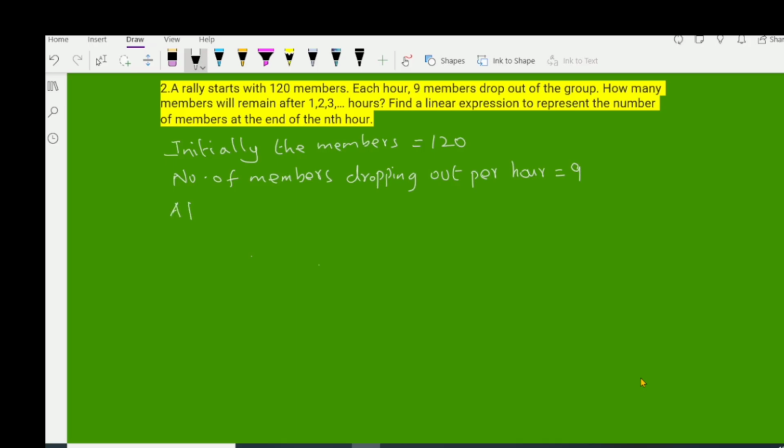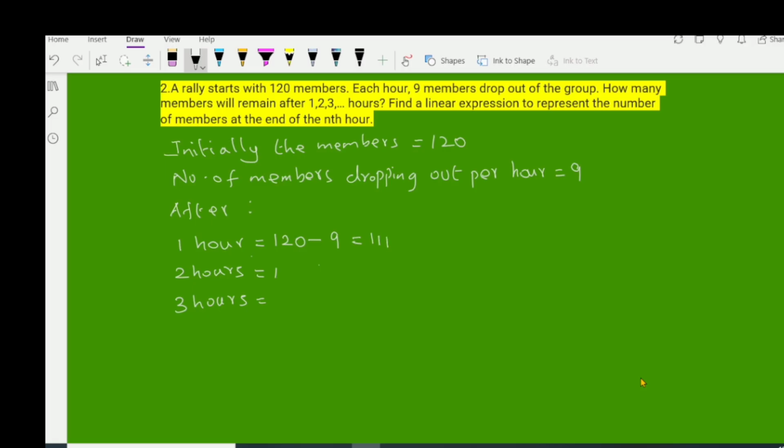So again, after 1 hour, then after 2 hours, and after 3 hours, you can calculate. Okay, then follow this pattern and find the expression for the nth hour. After 1 hour, initially 120 members are there, and dropped out means you need to subtract. 9 members we need to subtract. So 120 minus 9, you will be getting how many members? 111 members.